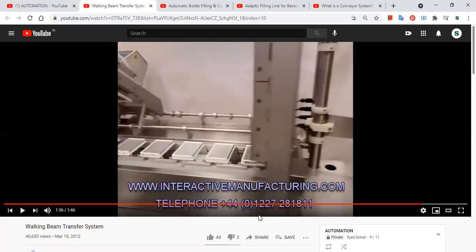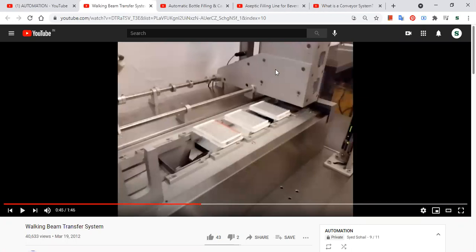One example is your linear walking beam system. If you want to have a linear transfer of work parts, the walking beam system is one method or one technique to do it. Okay, I hope this video is clear, or if there are any doubts, you can ask.